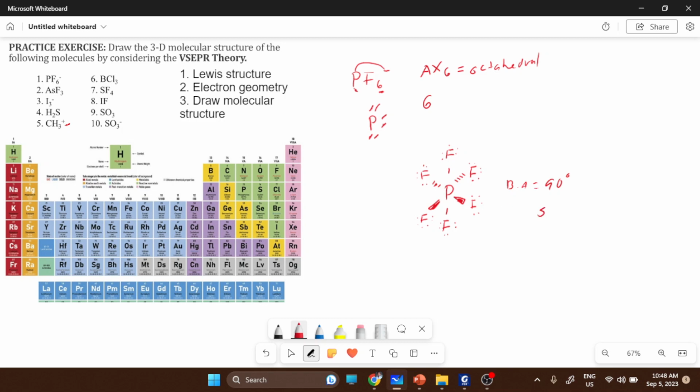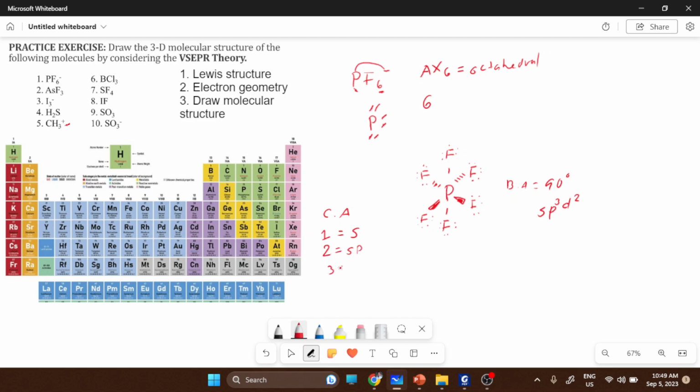sp3d2 here. So, how did I know that? To determine the hybridization, this is what you look at as a shortcut. But I cannot explain that thoroughly because we need to consider the molecular orbital theory for that. For example, what you always look at in hybridization is the central atom. When the central atom is bonded to 1 terminal atom, its hybridization is s. When bonded to 2, that is sp.